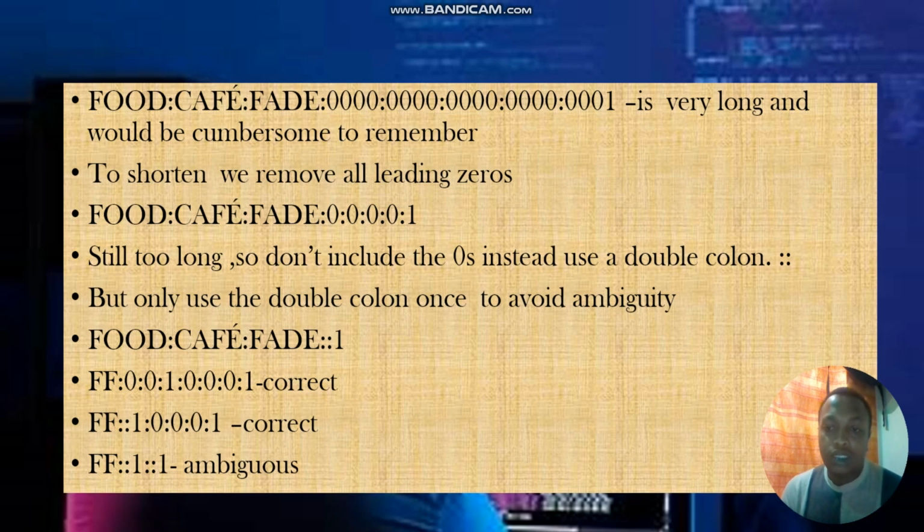So you basically use a double colon instead of the zeros, and that would come to food, cafe, feed, double colon, 1 if we were working with the example that I have on my screen here. So you need to simplify that so that it's even easier to remember.